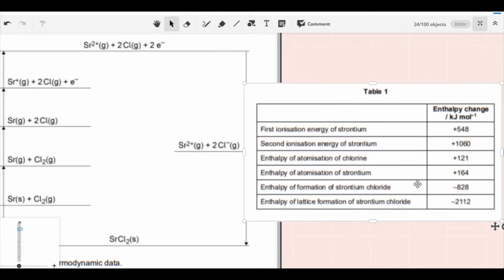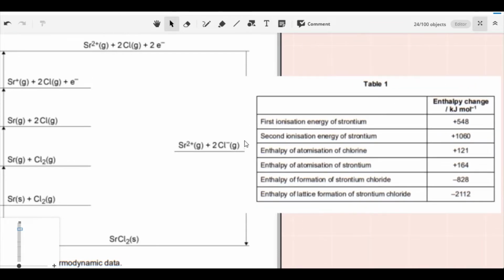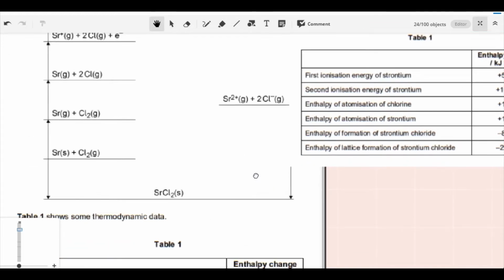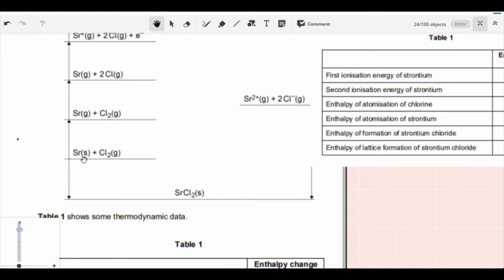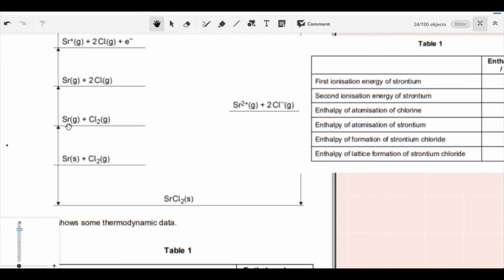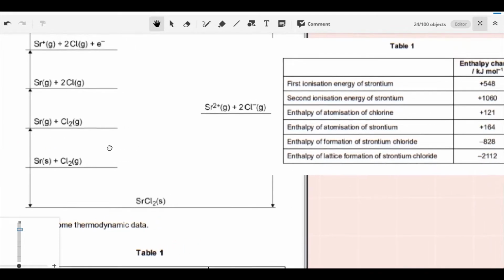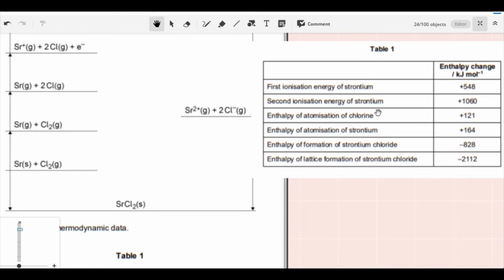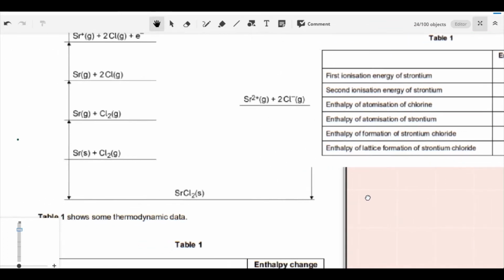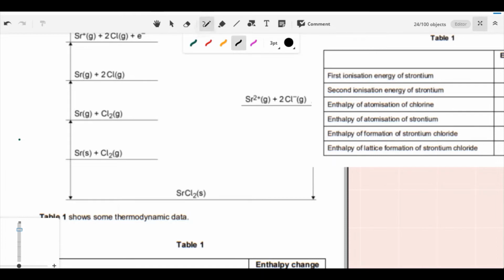First, you can see Sr is converted from solid to gaseous. That is the atomization of strontium, the enthalpy of atomization of strontium, so here you can write plus 164.